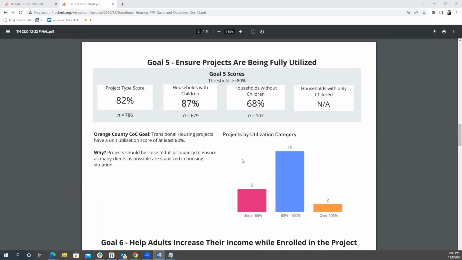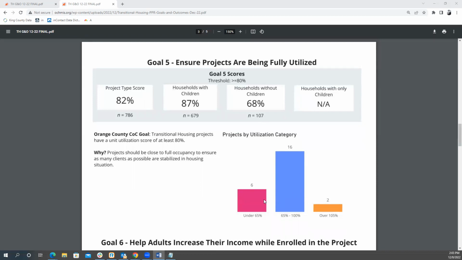Goal 5 is looking at unit utilization of transitional housing beds. So you can see that units for households with children are more fully utilized than households without children. And this is likely because households with children each get their own unit and their own room or living space for themselves, and they don't have to share with other families, so that may be why their utilization is higher than households without children.